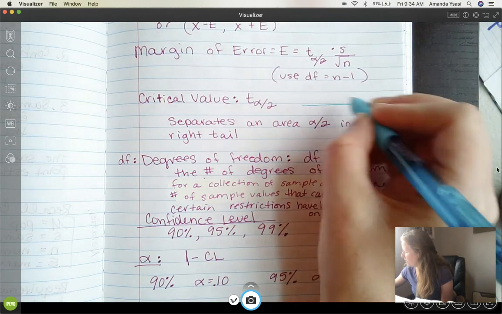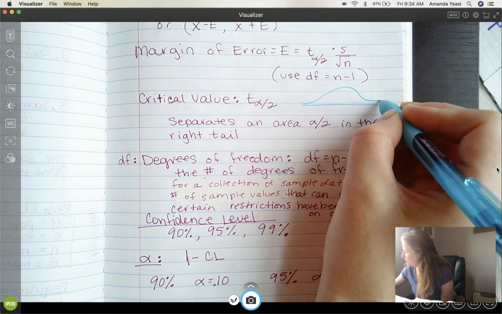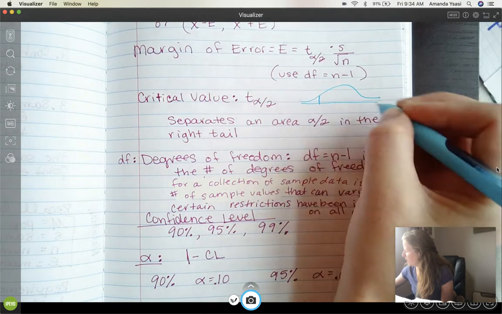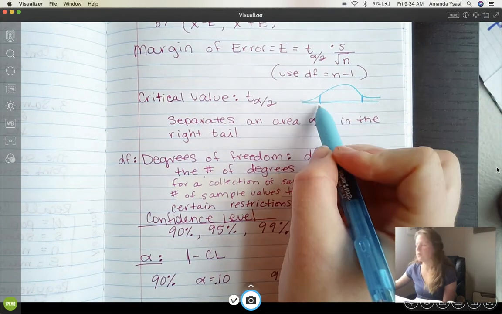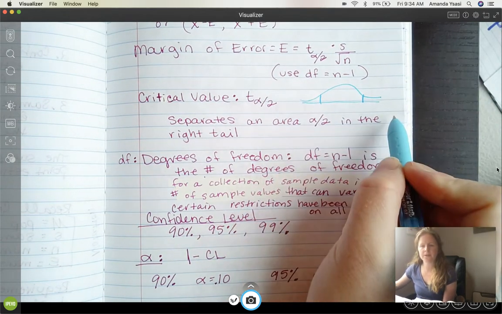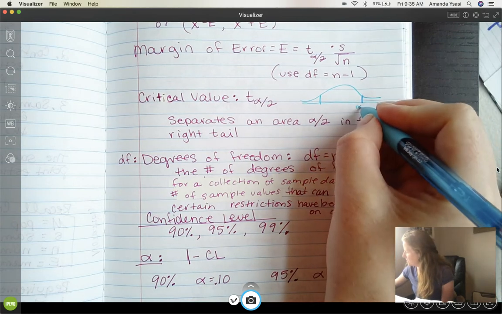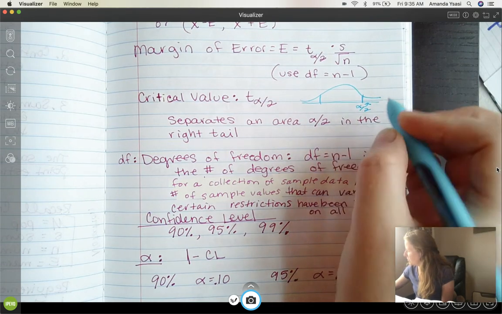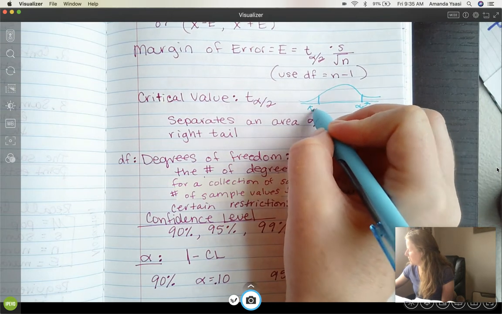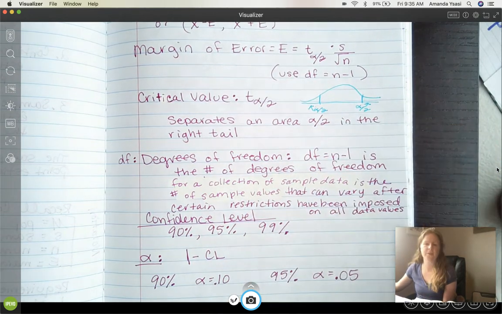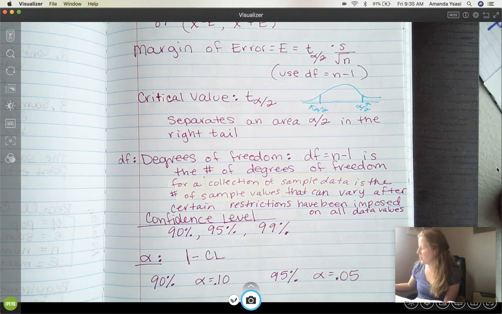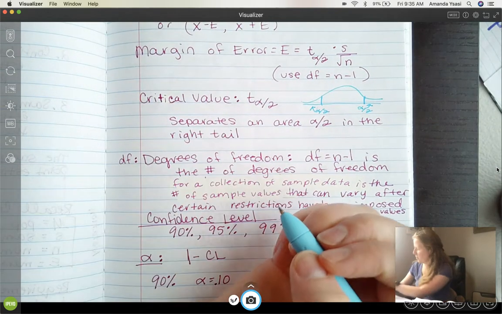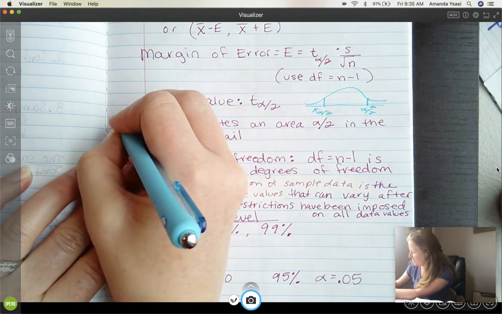So remember we have that. If we're doing a 95% confidence interval, you have your lower tail and your upper tail. This is the area alpha over 2, and this is also an area alpha over 2, but together they make alpha. And remember, alpha comes from your confidence level.